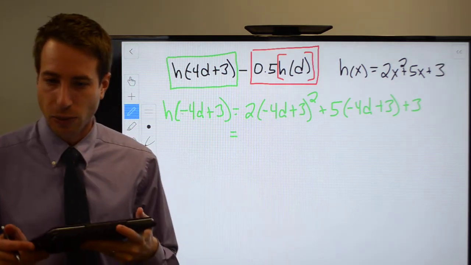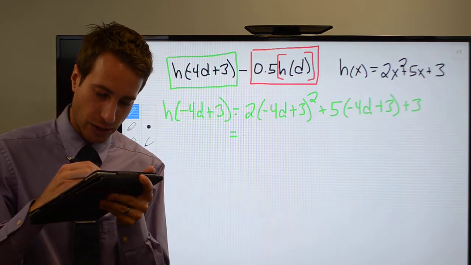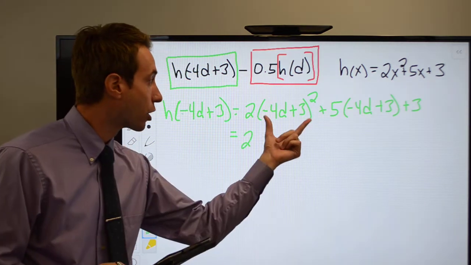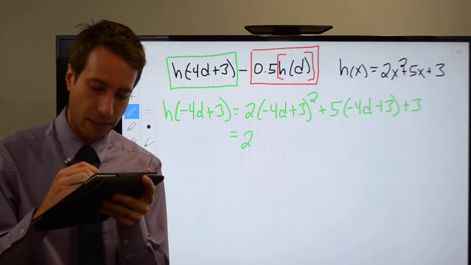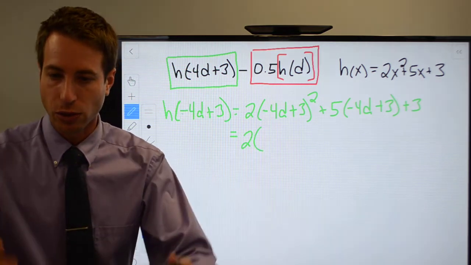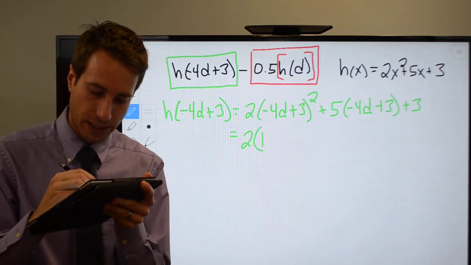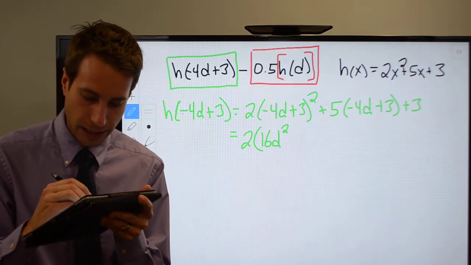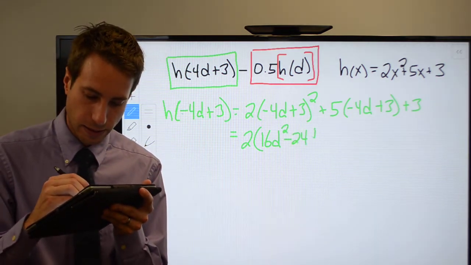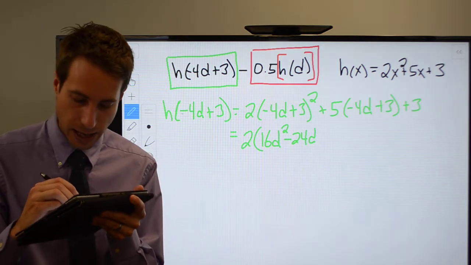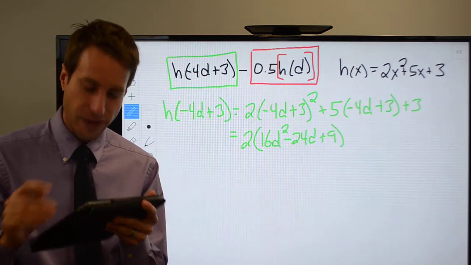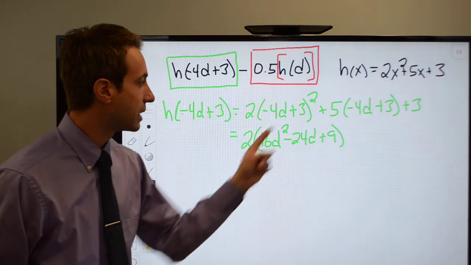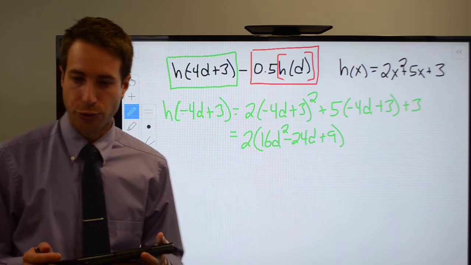In fact, actually, let me write this one for you because I want you to see. So that 2 is still there, but I'm going to go ahead and FOIL this guy, which means I'm going to keep my parentheses so that the result of FOILing is inside of here, which would be 16d squared minus 24d plus 9. There's the result of the FOILing, but I'll need to distribute that 2 through there.